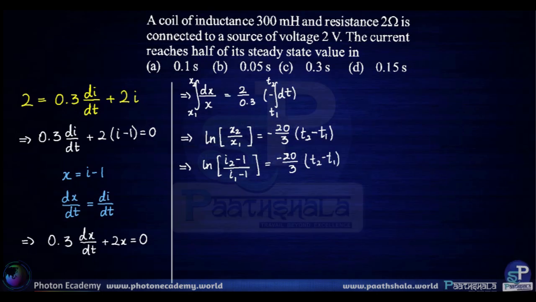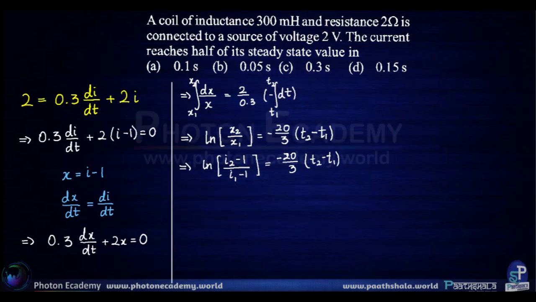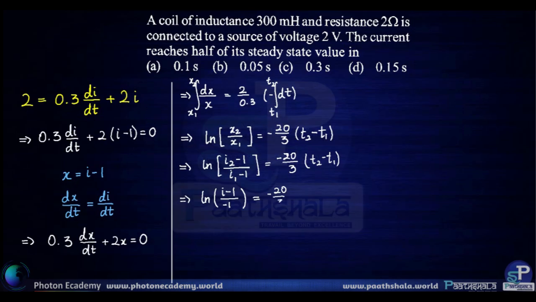So now if we assume that at time t1 is equal to 0, current is 0, that is the switch is just switched on or the connection is just made at time t is equal to 0, then we have the natural logarithm of (I minus 1) divided by minus 1 is equal to minus 20 by 3 into t.